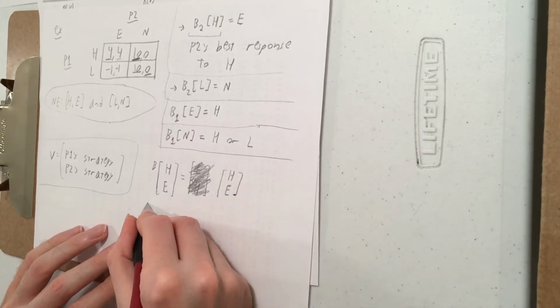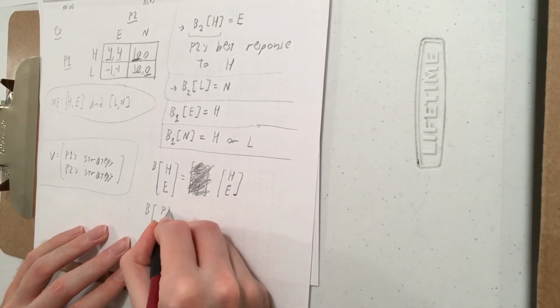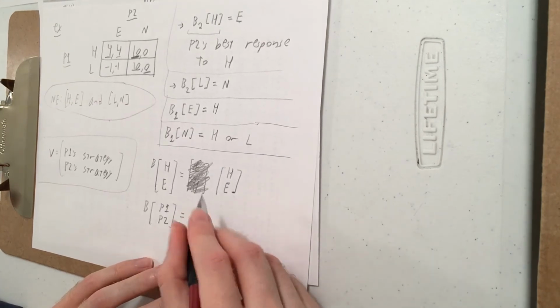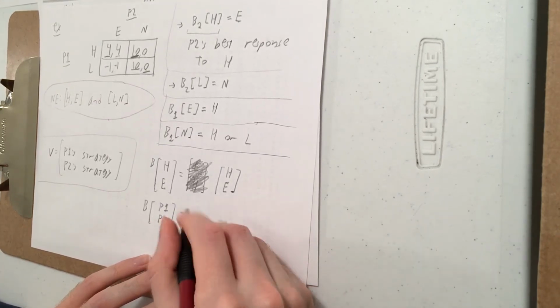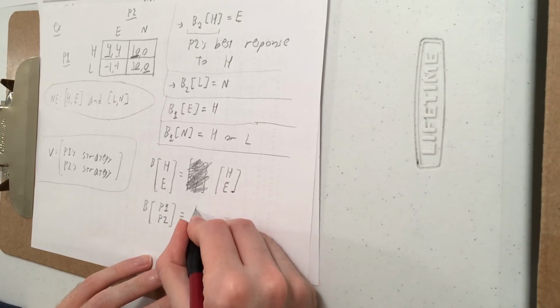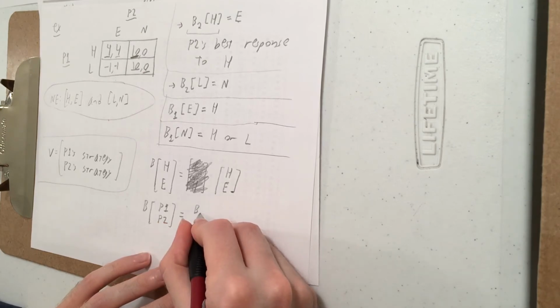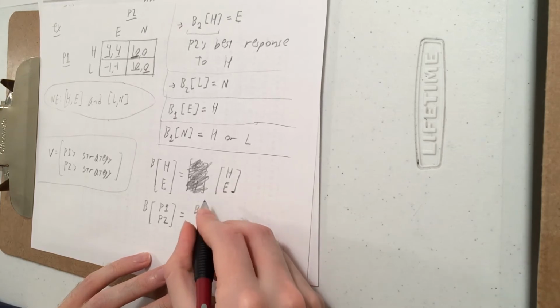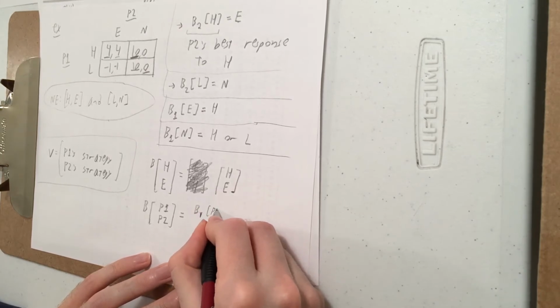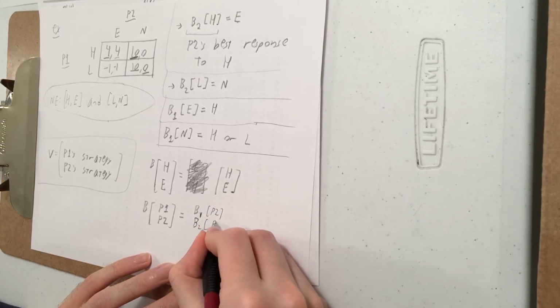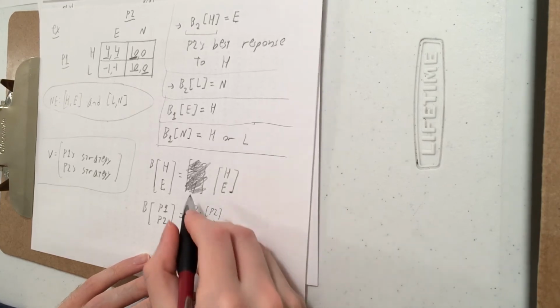So what you're doing is the best response for player 1, player 2: you're going to have the best response from player 1 to P2 on top, and then you have the best response of player 2 to P1 on the bottom.